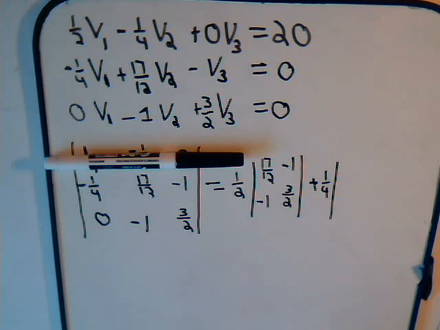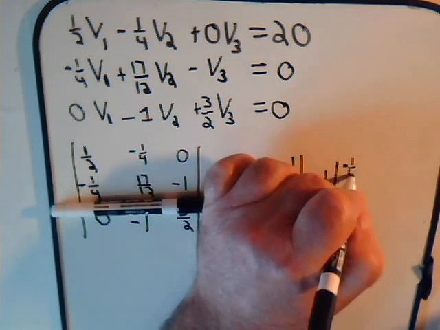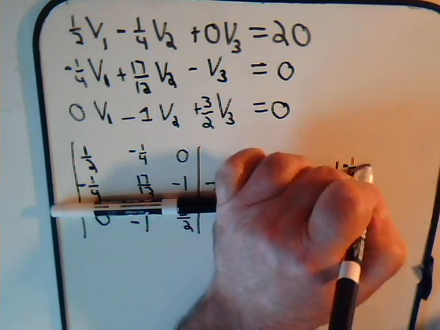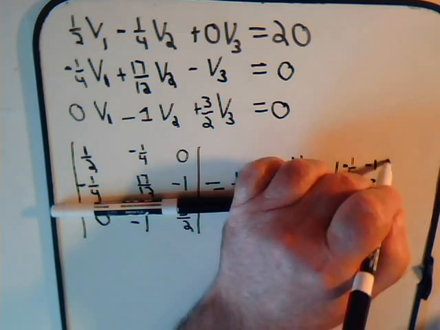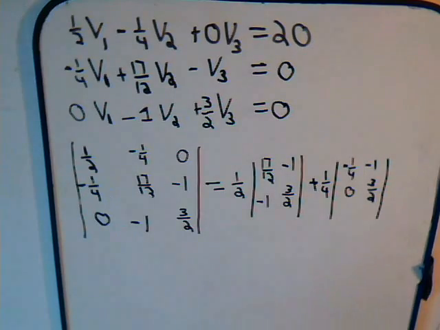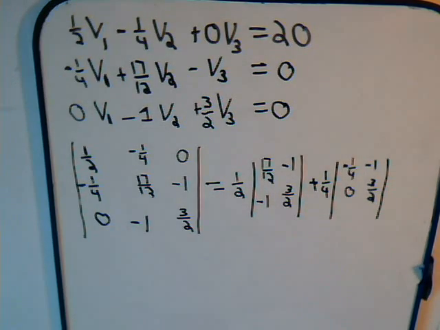So let's write it down. And then we have plus 0 times the next 2 by 2 subdeterminant, so that's just 0.